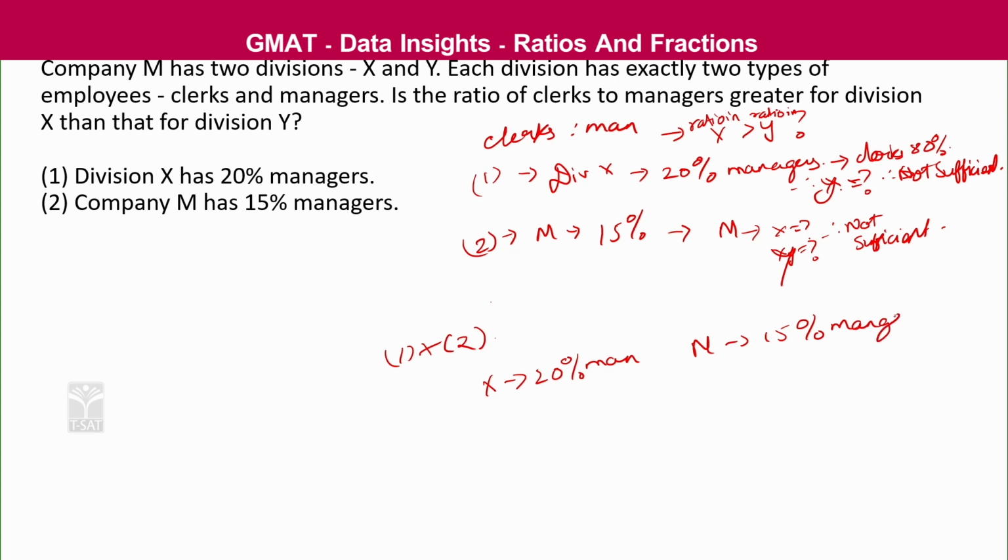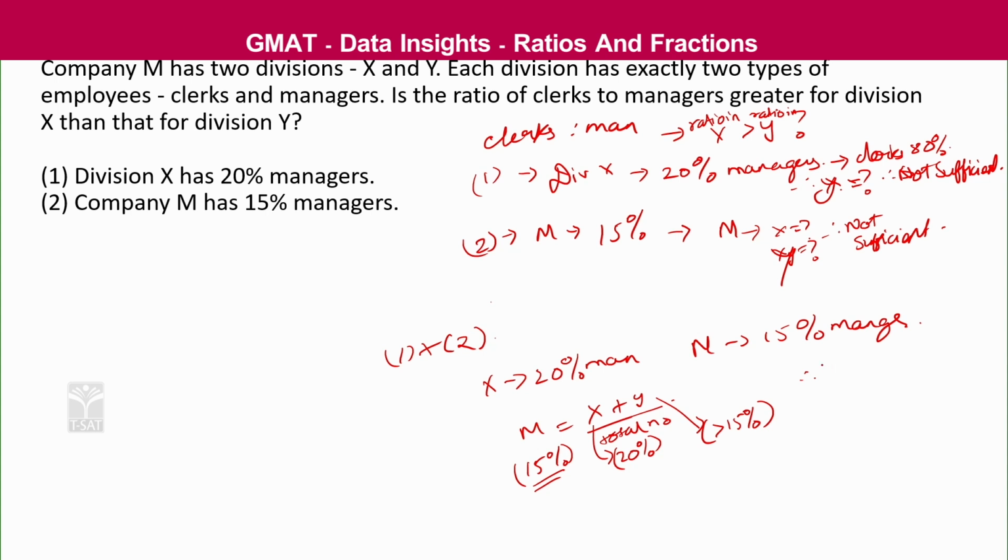Since M is an average of X and Y by total number, if the managers in M are 15% and the managers in X are 20%, then Y must be less than 15% so that the average comes out to be 15%. So, therefore, the proportion of managers is lesser in division Y than in division X.